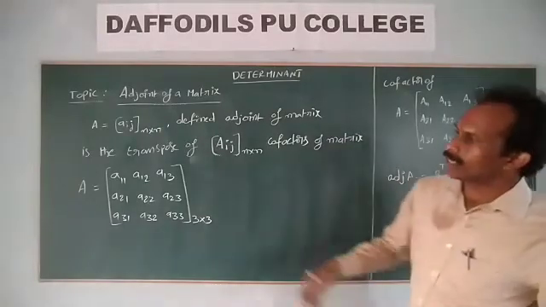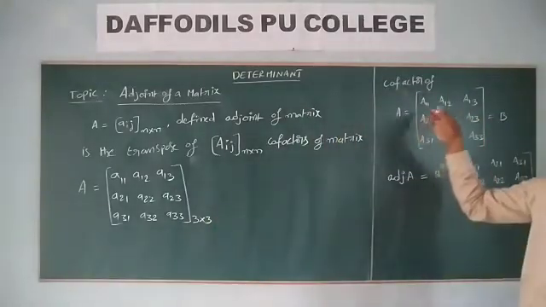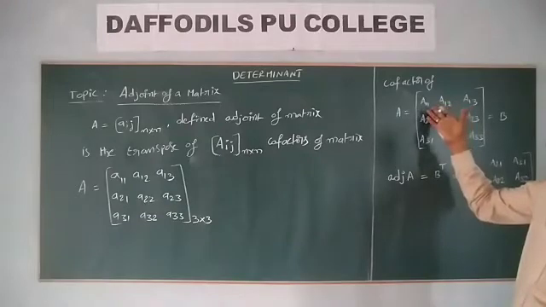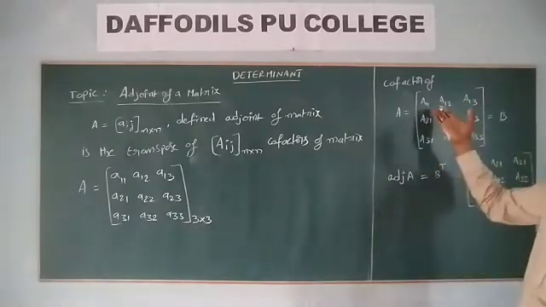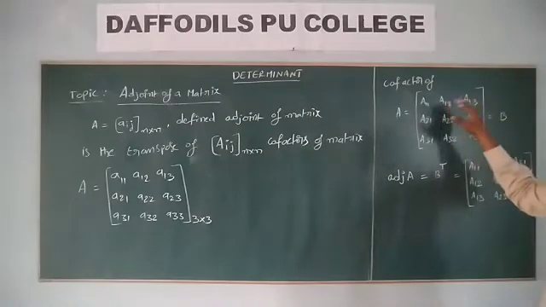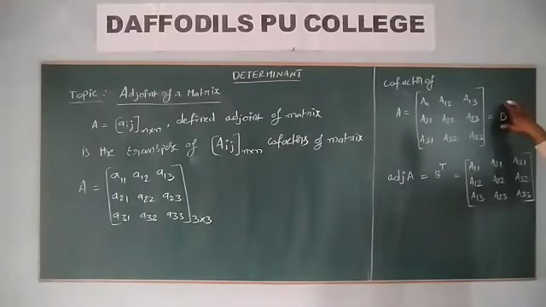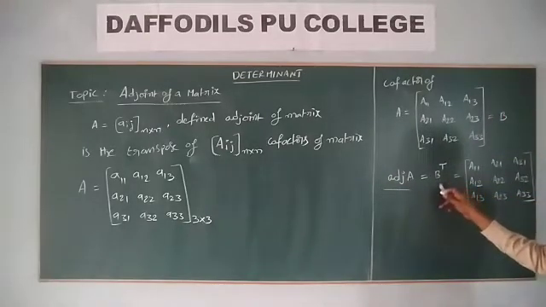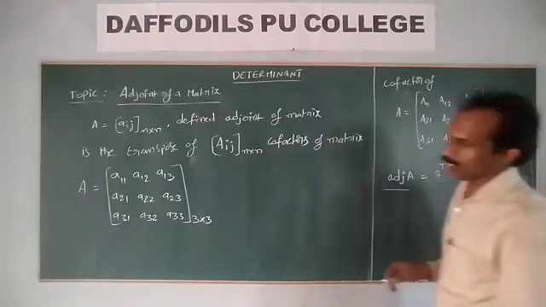For a square matrix A, the adjoint is the transpose of the cofactors. Cofactors are denoted by capital letters, and minors by capital M. After getting the cofactors, let this matrix be B. So adjoint A is equal to B transpose. This is the adjoint.